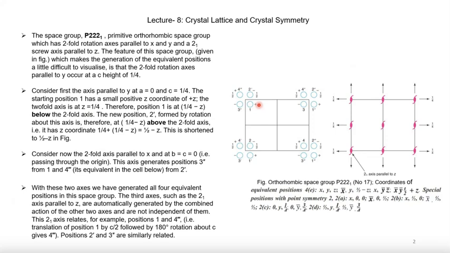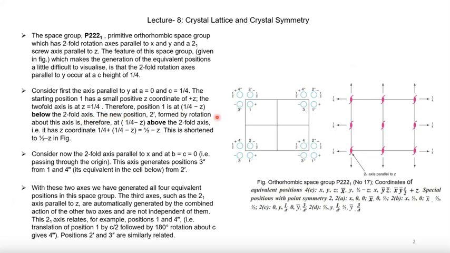Z we are not seeing. We are seeing A and B in this presentation. Z is out of this plane, that is perpendicular to this plane of projection, and the axis is at Z equal to 1/4. Therefore, 1 is at 1/4 minus Z, below the twofold axis.